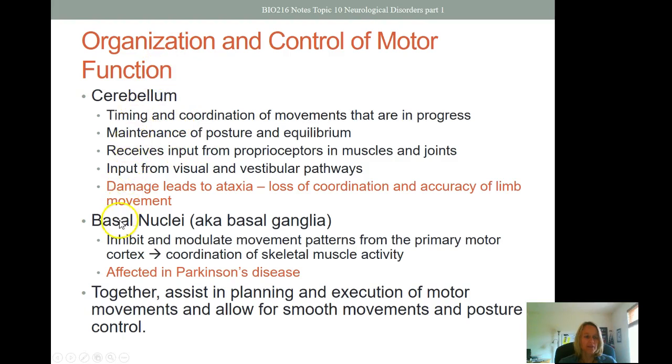The basal nuclei are also involved in motor function, and they act to inhibit and modulate movement patterns from the primary motor cortex. So this helps to coordinate skeletal muscle activity. This is what gets affected in Parkinson's disease.